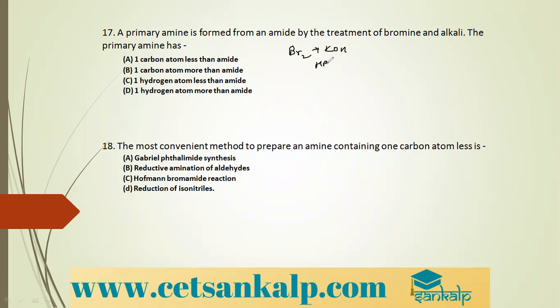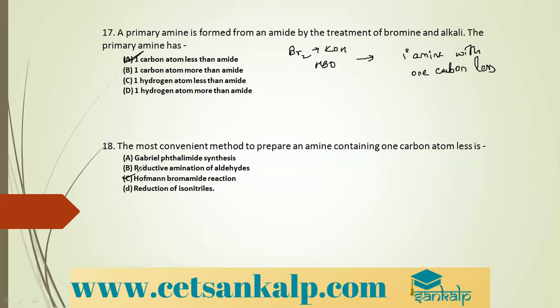This is Hofmann's bromamide degradation. Here you will get a primary amine with one carbon less, because the carbonyl group comes out in the form of carbonate. So one carbon atom less than the amide. Option A is correct.